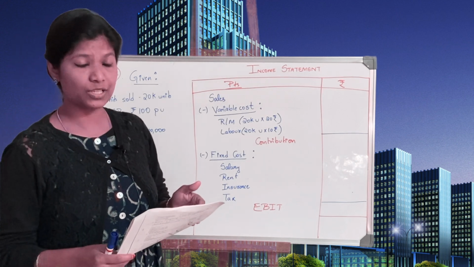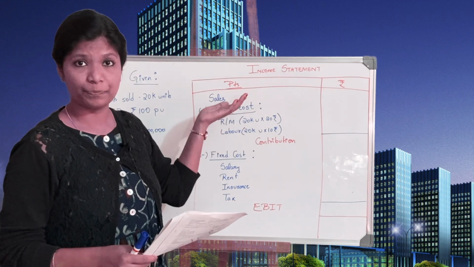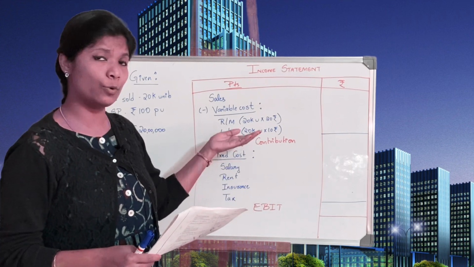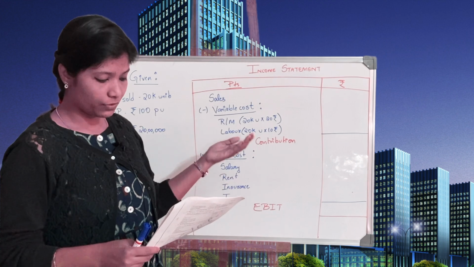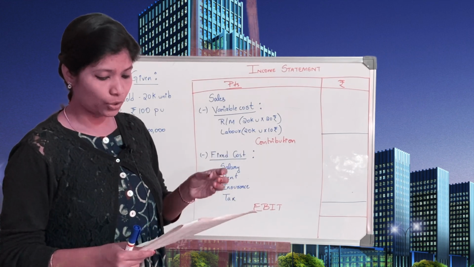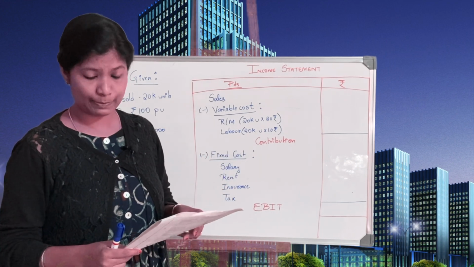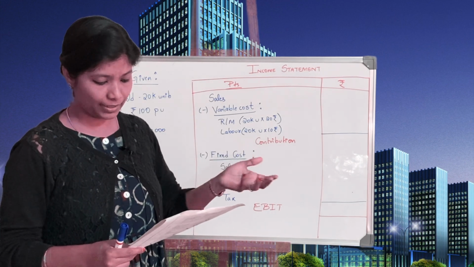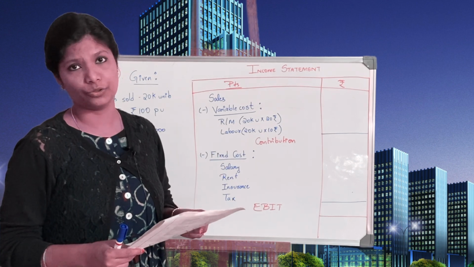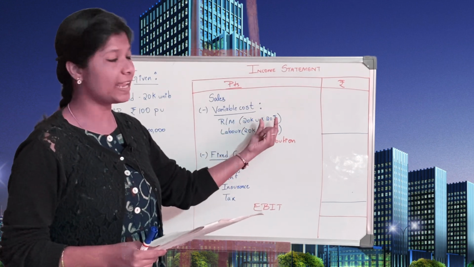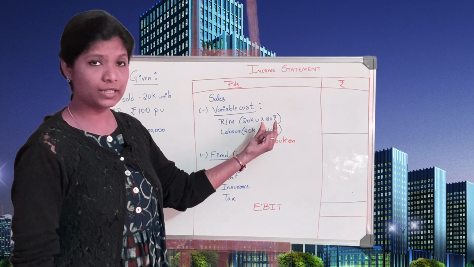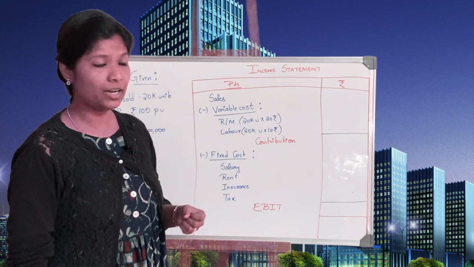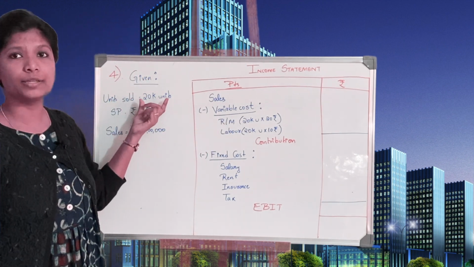The question has given us various variable cost units and also fixed cost expenses. Both they have given in the question. For variable cost, they have mentioned raw materials are 20 rupees per unit and piece rate per labor is 10 rupees per unit. So we need to multiply the raw material rate of 20 rupees and the 10 rupees piece rate labor into the number of units produced.